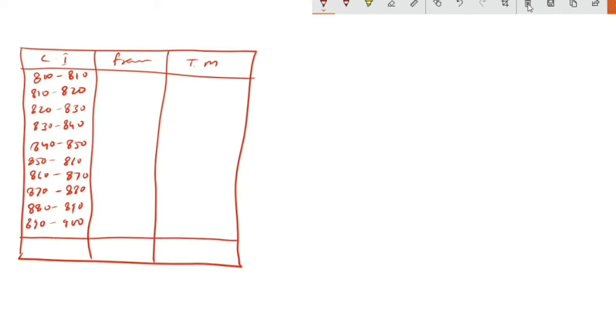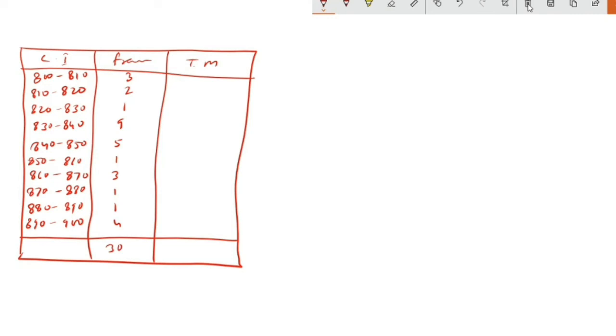There are only 3 workers. Second, only 2 workers, then 1, then 9, then 5, then 1, then 3, then 1, again 1, and 4. So a total of 30 workers are in the group.